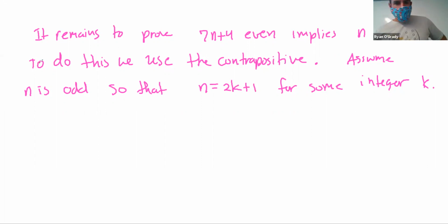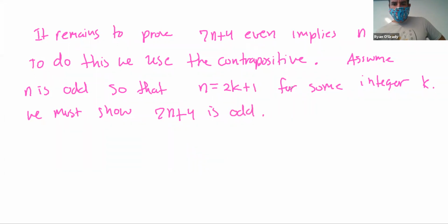Okay. We must show 7n plus 4 is odd. And then we can reason as follows.